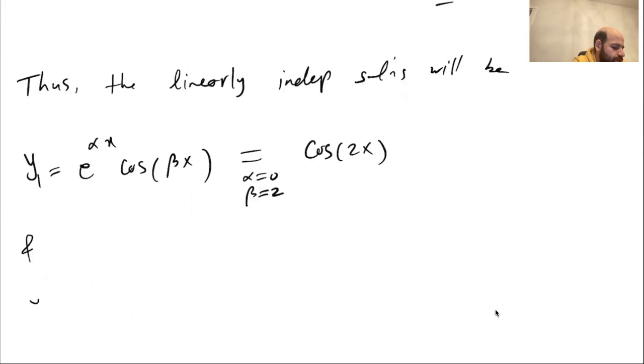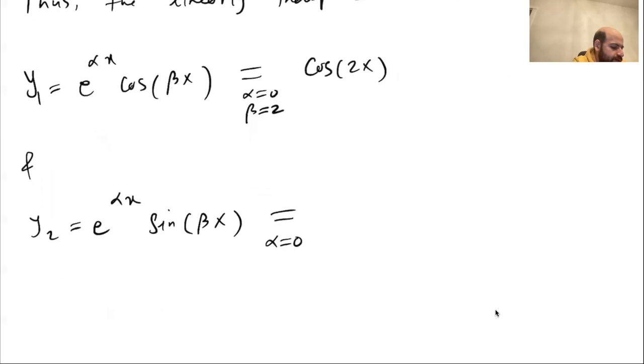And y2 equals e to power alpha x sine beta x. Again, alpha is 0, beta is 2. So this is sine 2x.